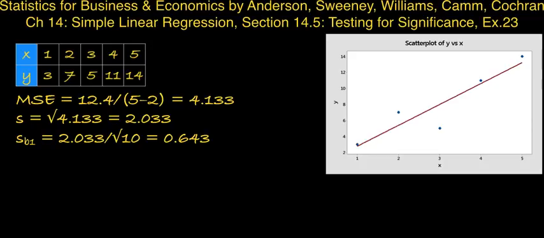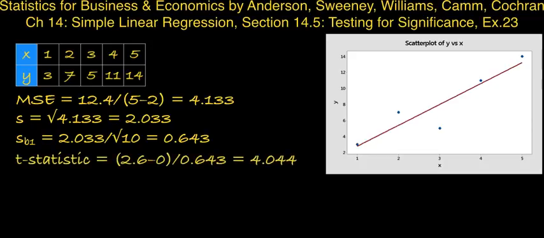Use the t-test to test the following hypotheses at a significance level alpha of 0.05. Null hypothesis beta 1 equals 0, alternative hypothesis beta 1 not equal to 0. So the t-statistic comes to 4.044, and then we need to find the p-value corresponding to that test statistic.